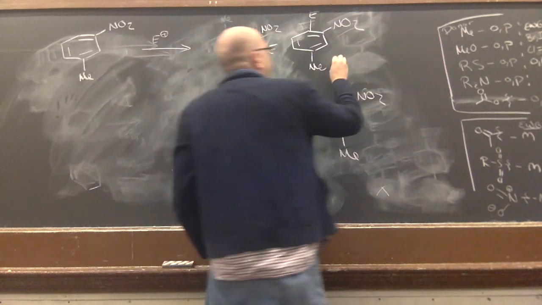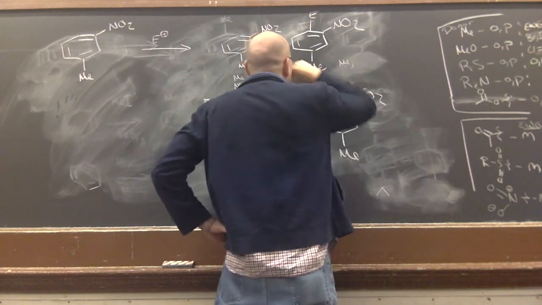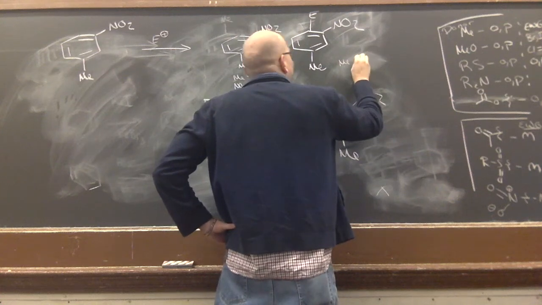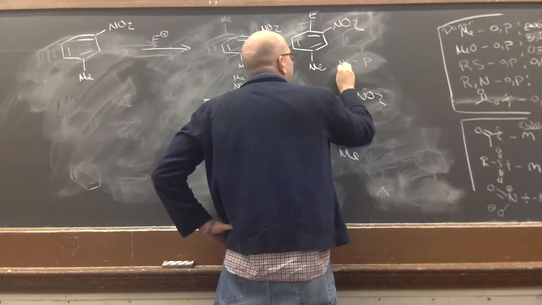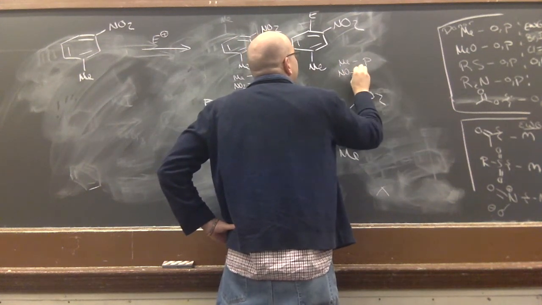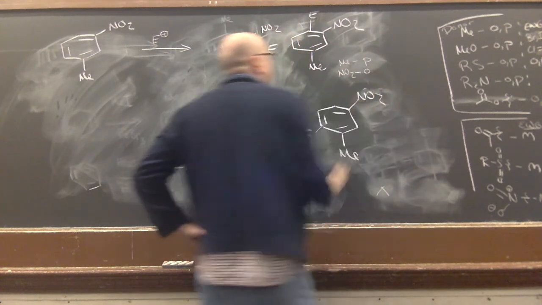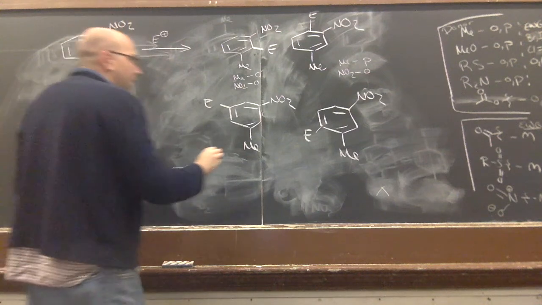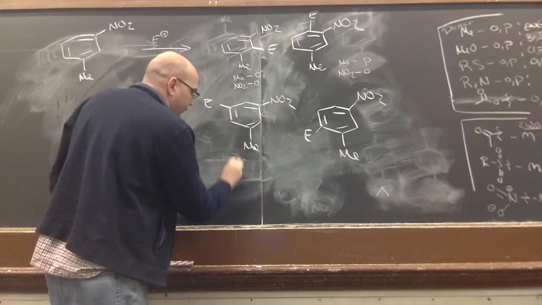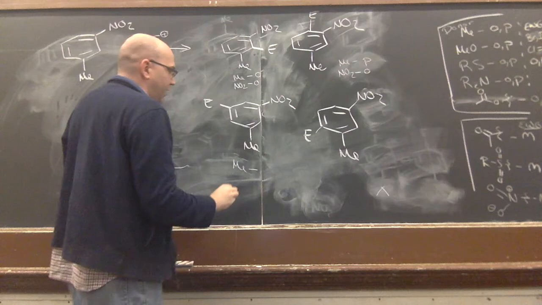In this case, we have the methyl group being para. And relative to the nitro group, we have it being also ortho, okay? In this case, in relationship to the methyl group, we have it being meta.